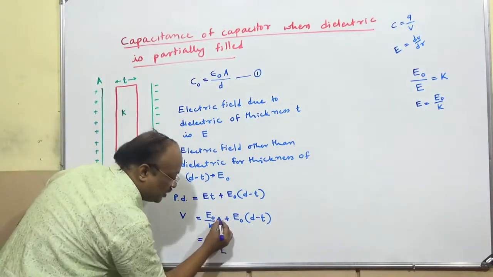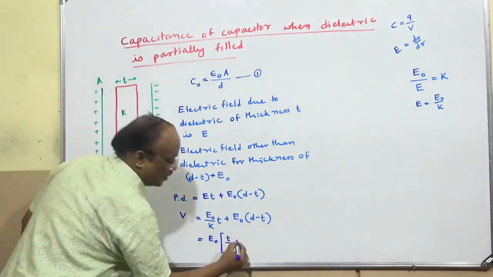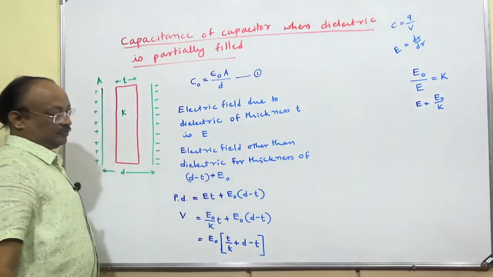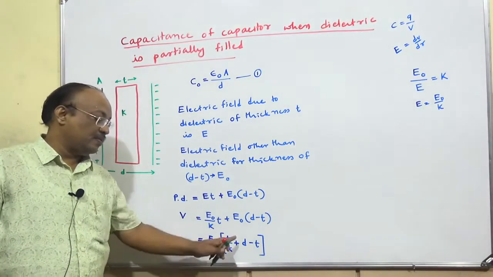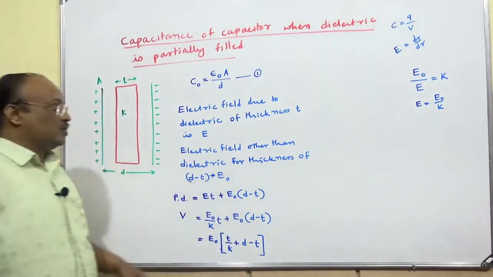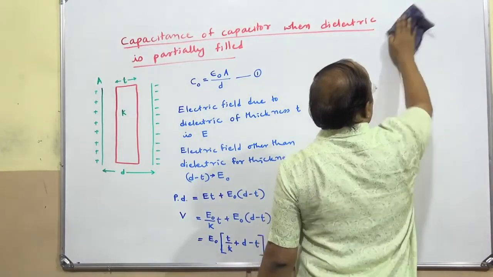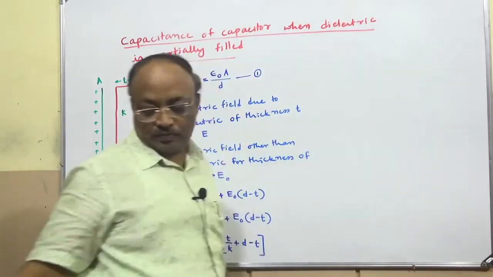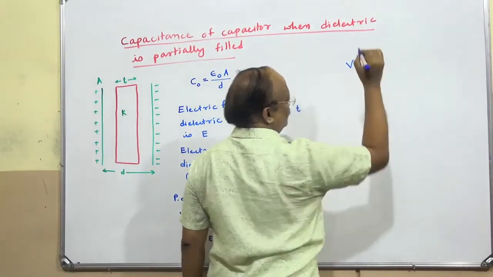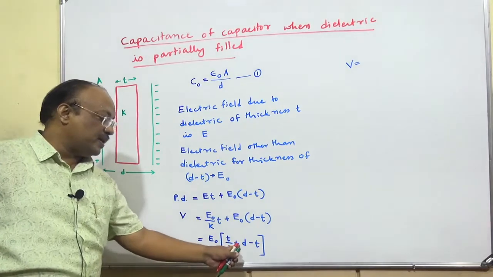It is T by K plus D minus T. So V is equal to E naught into T by K plus D minus T.